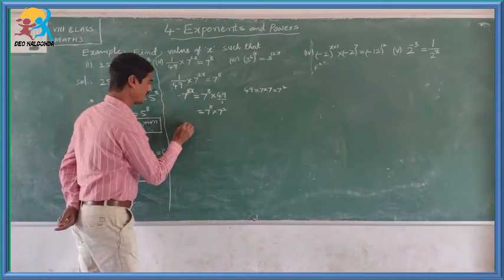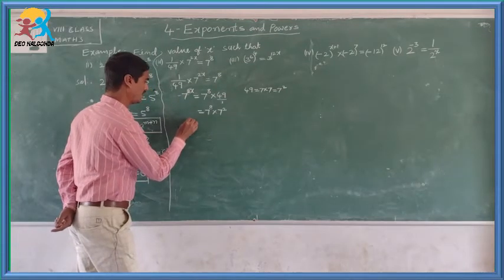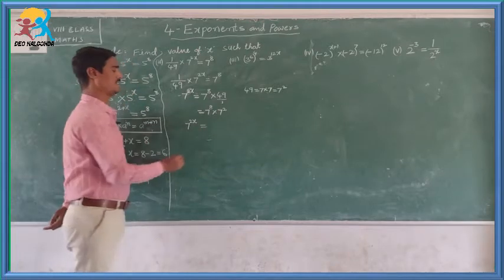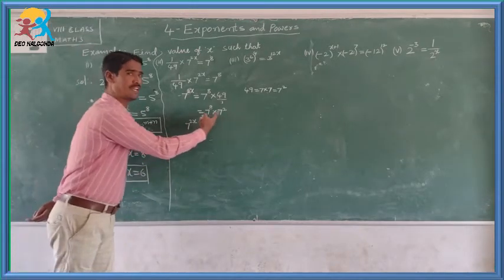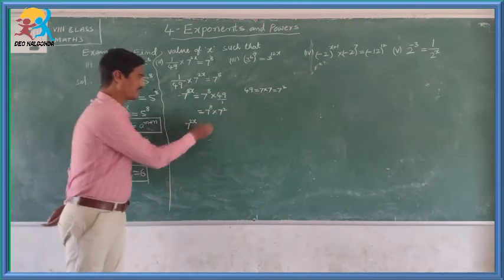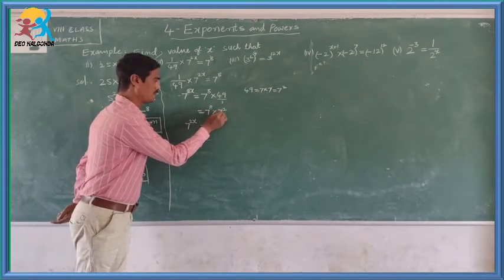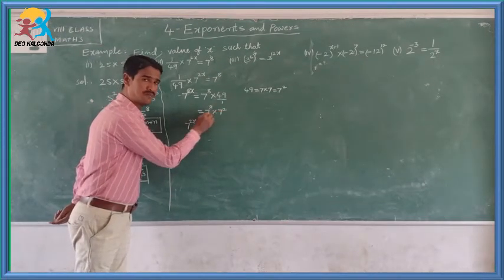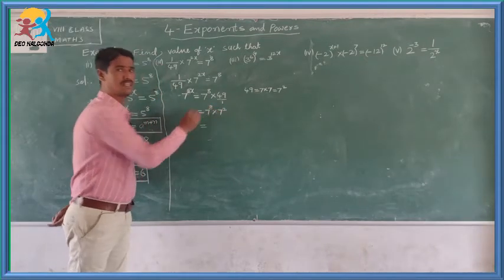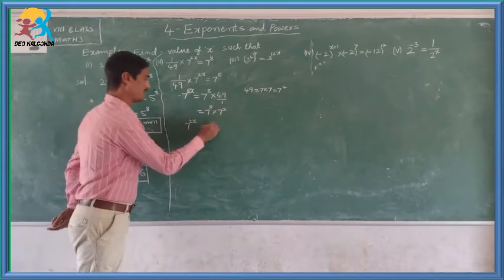Then here 7 to the power of 2x is equal to, we know that for the product of two powers with the same bases, we add the exponents, taking the same base 7.